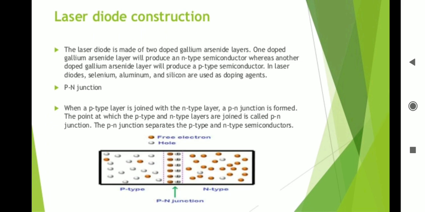Apart from these, there also exist many other variations of laser diode like vertical cavity surface emitting laser diode, high power laser diode, distributed feedback laser, external cavity diode laser, broad area laser diode. So these are some of the existing variations of laser diode.